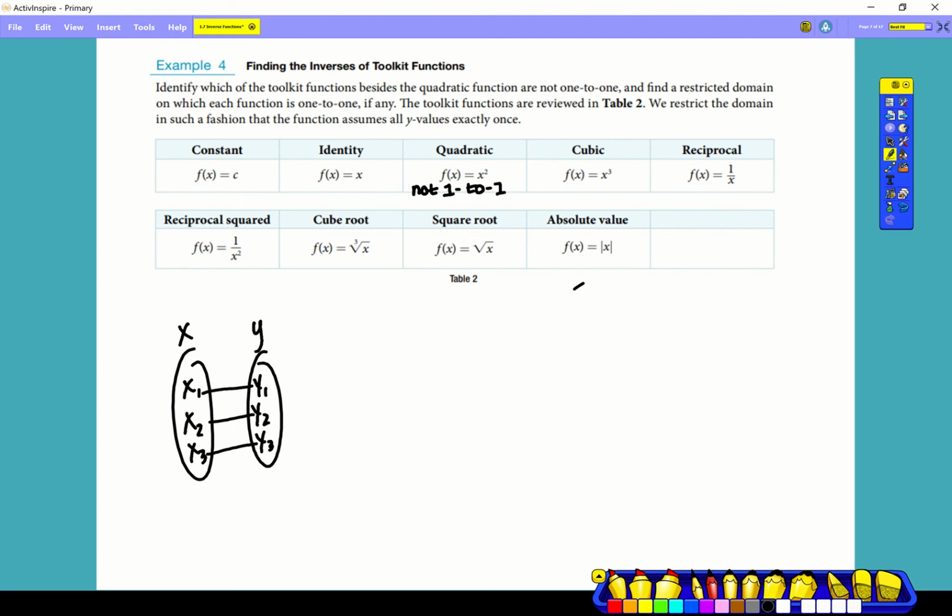It has to associate with only one. So if we had this, where x1 went to y2 also, then that is not okay.